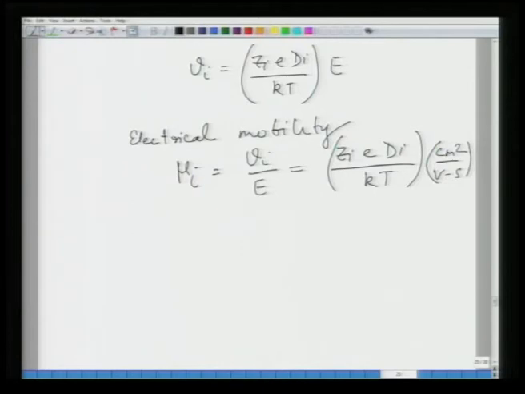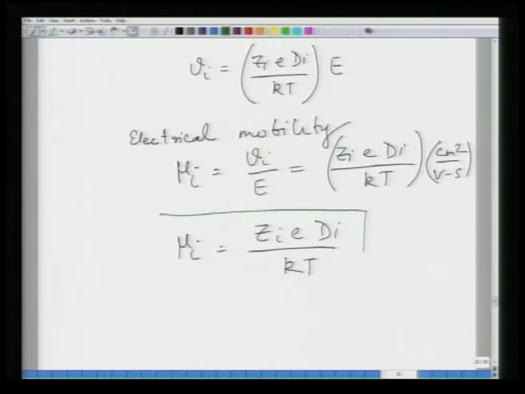So, this is the relation mu i is equal to Zi e Di by kT. This is the relation you obtain for electrical mobility in an ionic system, where the electrical mobility of the ith species is related to the diffusivity. So, this relates an atomic property, which is diffusivity, to the electrical property, which is mu i, the electrical mobility.